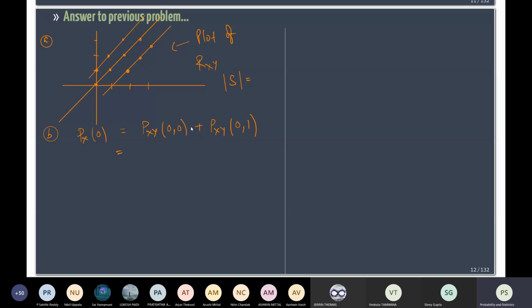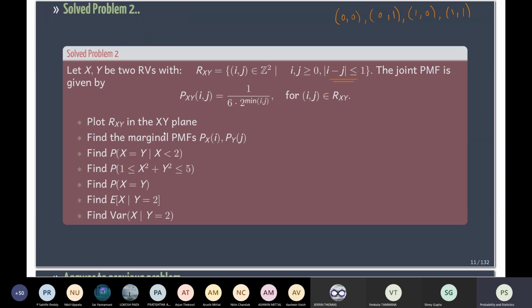Once you have this 0 value, there is some kind of conditioning going on. Actually, the probability values are given to you, so we will just read them out from here. I don't know what I was thinking. We have to write the PMF value.